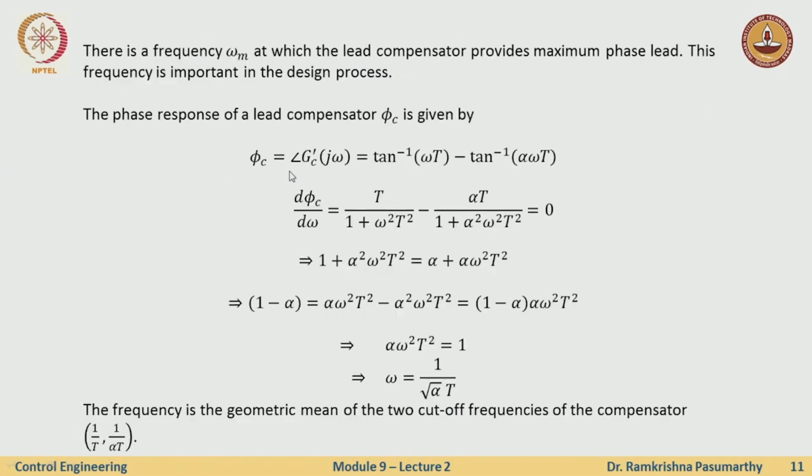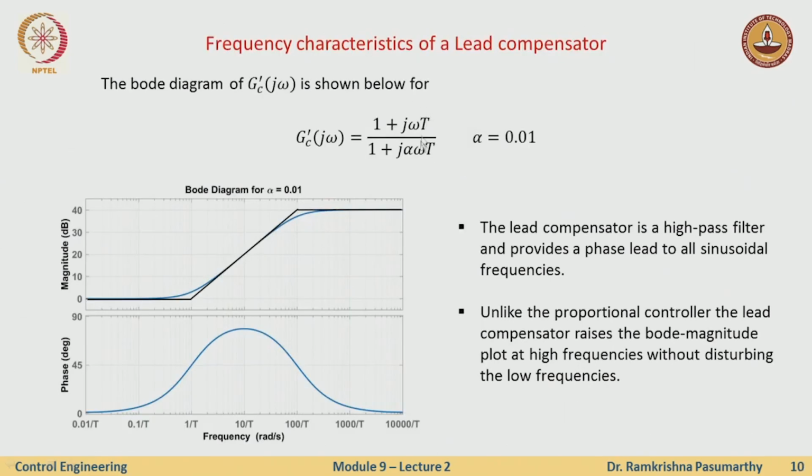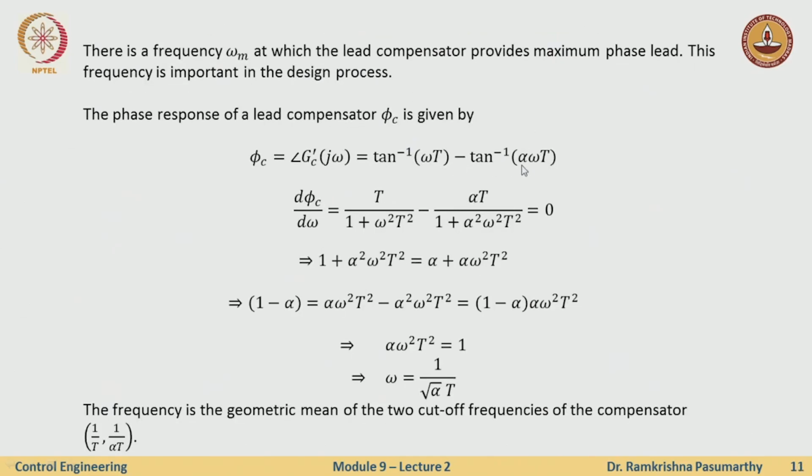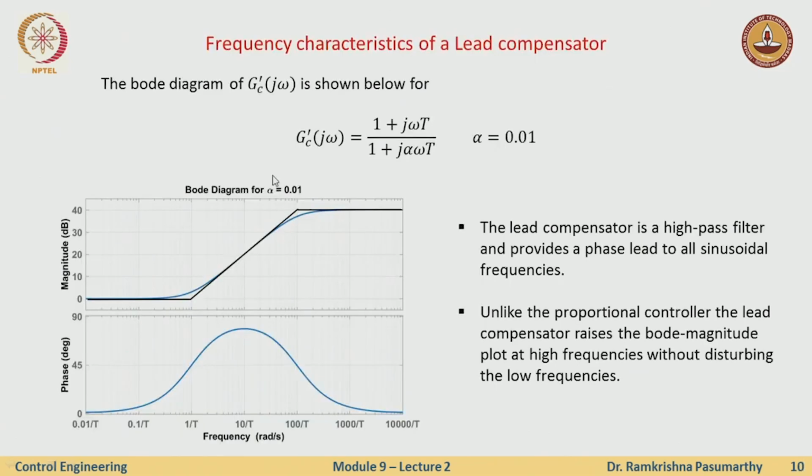Now, the angle which the compensator provides is given by this one. I have a tan inverse of omega t coming from the numerator and then negative of tan inverse of alpha omega t. This angle phi, the angle contribution, varies with frequency and has a maximum at a particular frequency.